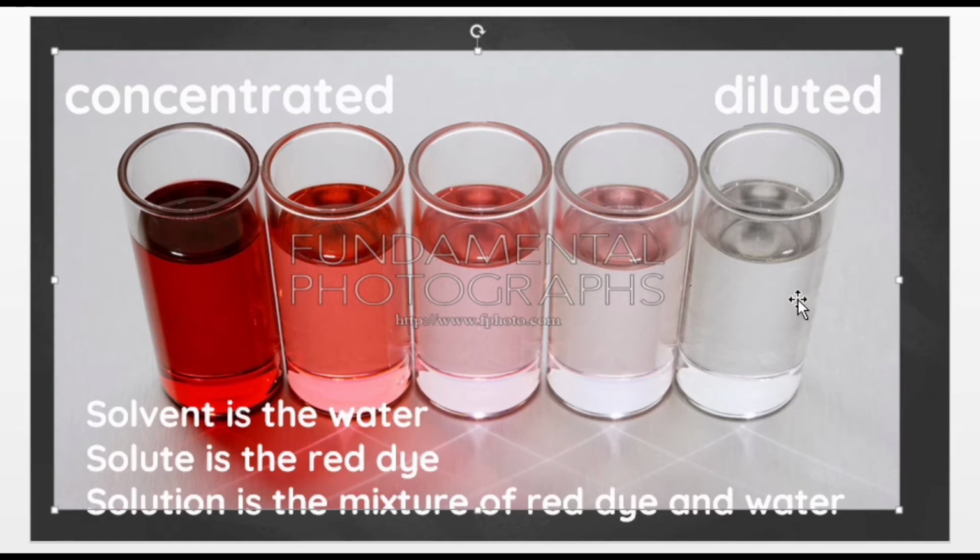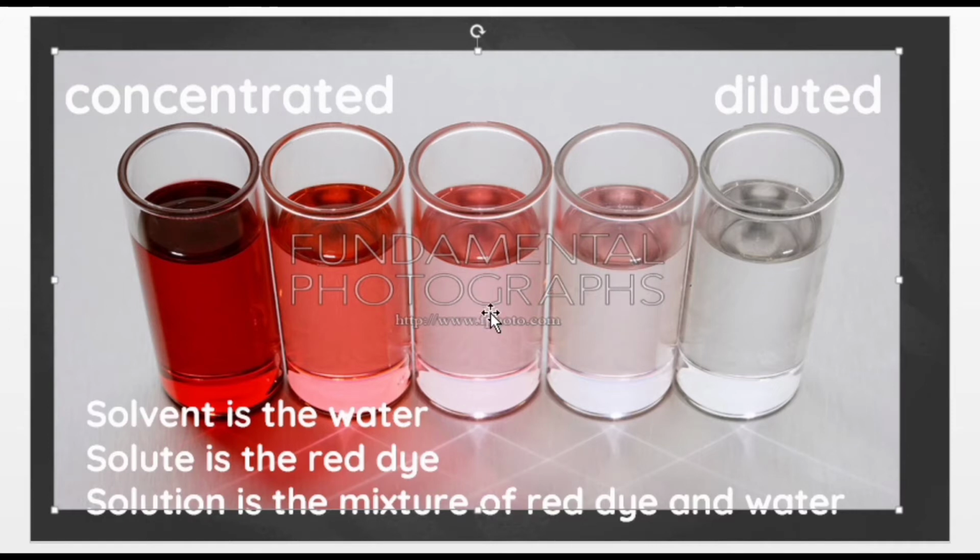Because in the first glass, mas daghan ang ijang water compare sa ijang solute. Gamay ra ang ijang solute, gamay ra ang red dye nga gimix anhi. While the second glass, let's just say 2 drops of red dye. So mo nang mas na red siya.